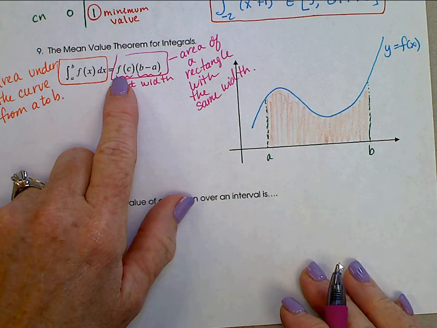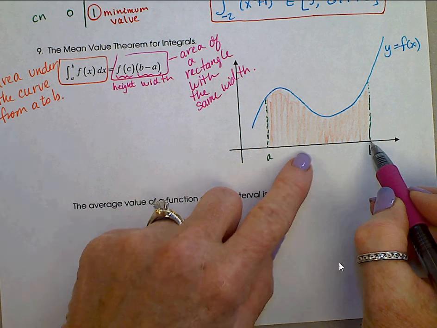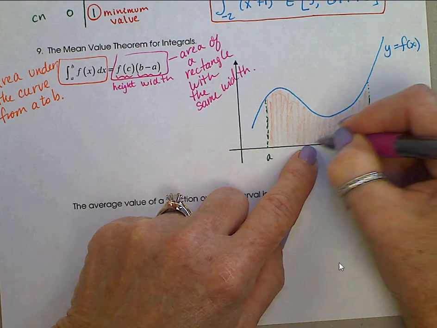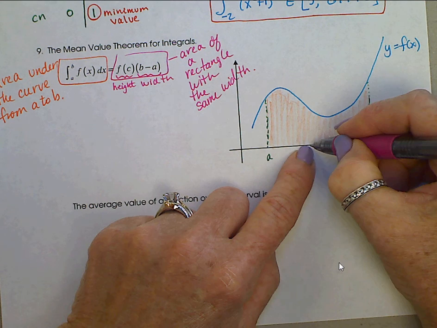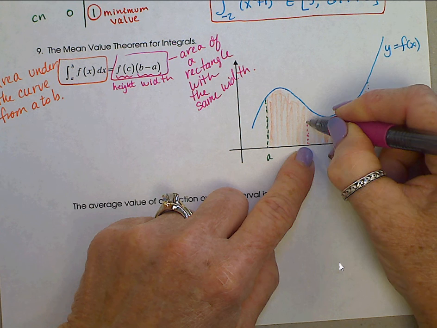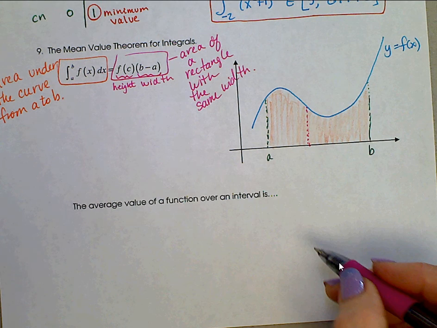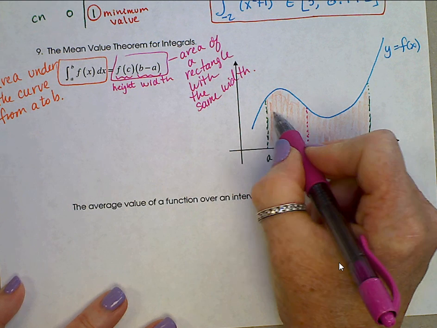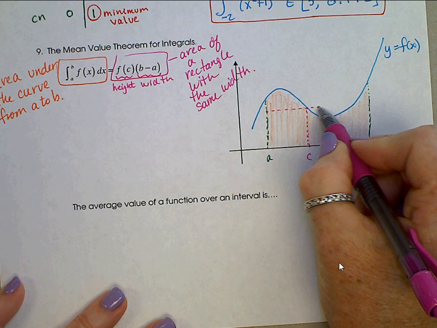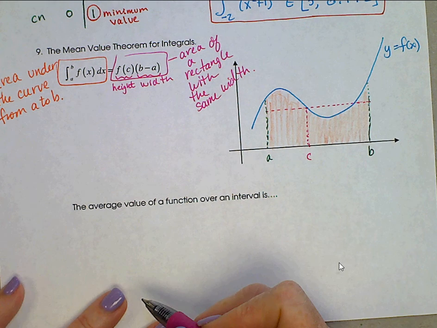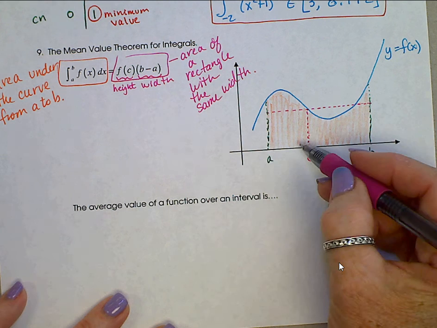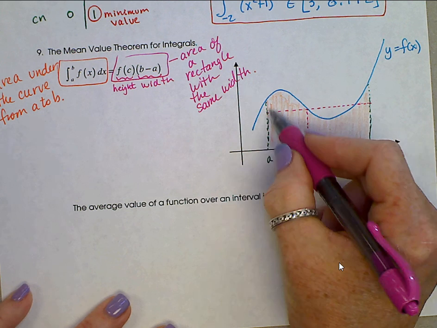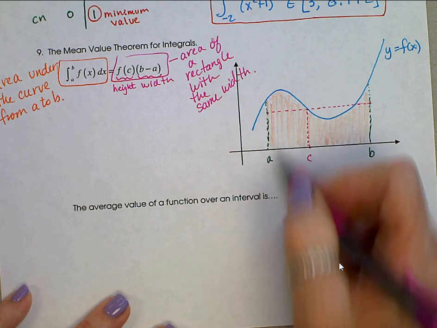All right, now f of c, that c value is somewhere in here. Let me see if I can maybe guesstimate where it is. It's not always smack dab in the middle. We make a rectangle with that height. What this is saying is that the area underneath this rectangle has the same area as the area underneath that curve.